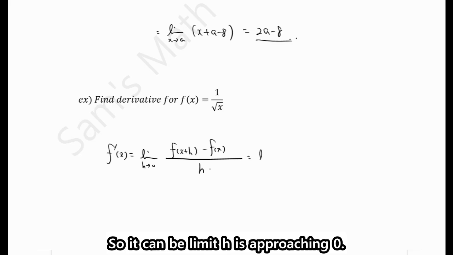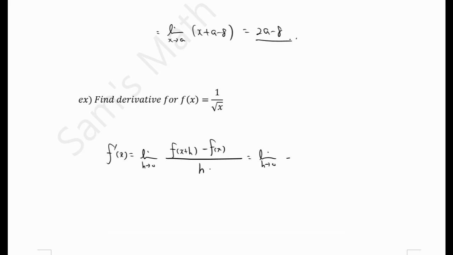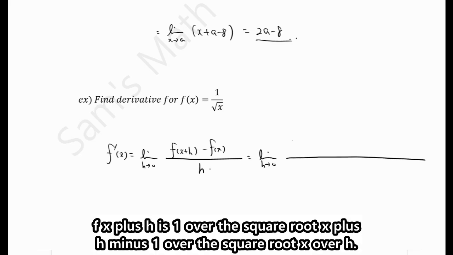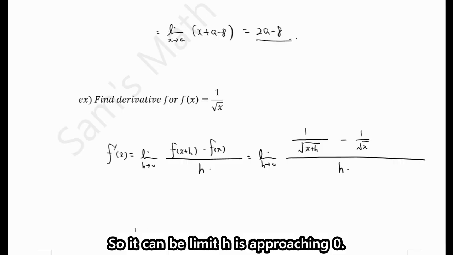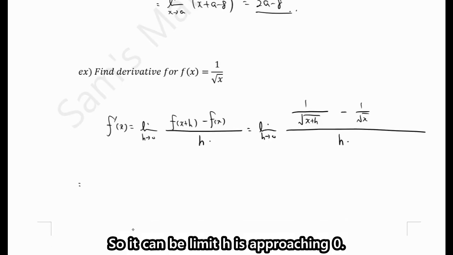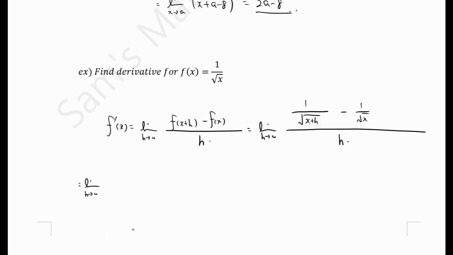So it can be the limit as h approaches 0, where f(x plus h) is 1 over square root of x plus h, minus 1 over square root x, over h.